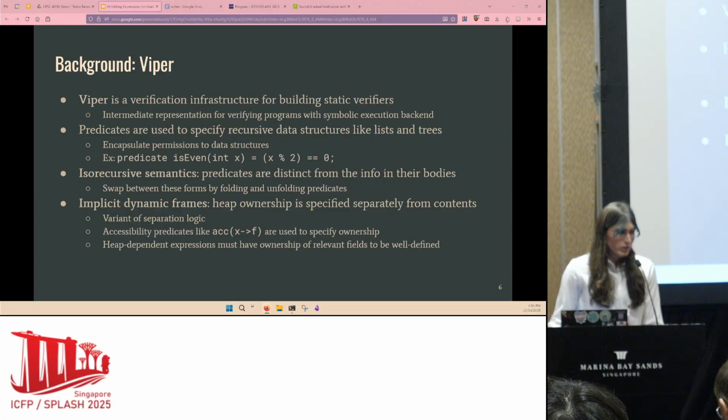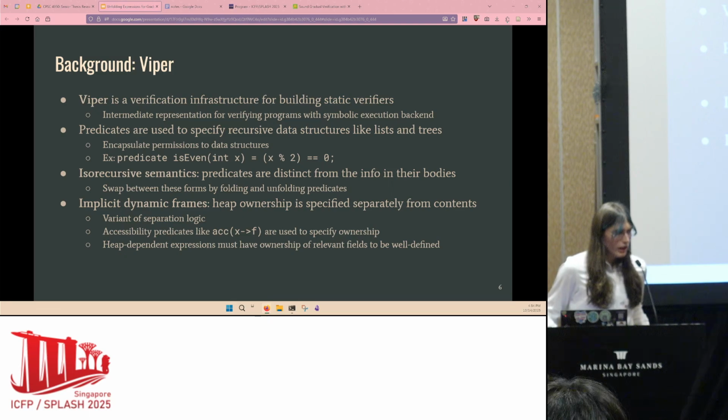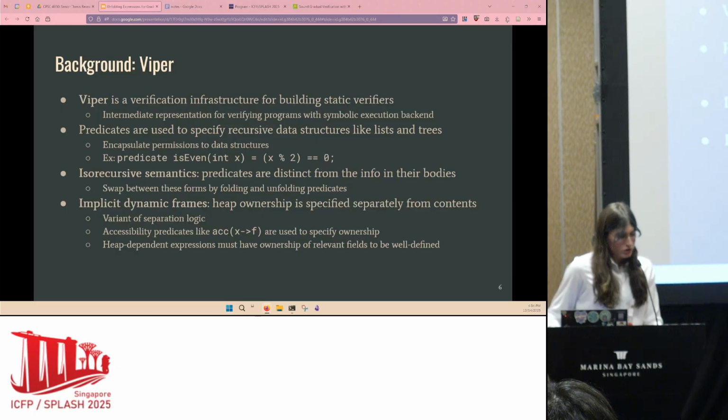It provides an intermediate representation, kind of like when you compile programs, except in this case we use it for verifying programs rather than compiling. It also provides a symbolic execution backend you can use to statically verify programs in that intermediate representation language.